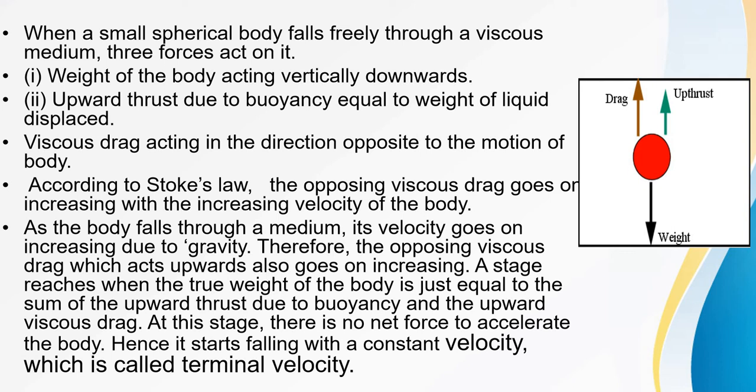That is, as it comes down, weight will be more, but a stage will be reached when weight is equal to viscous force plus upthrust. So that time net force will be 0. So it will move with constant velocity, and that constant velocity is known as terminal velocity. From that time onwards, it will move with constant velocity, and that is known as terminal velocity.